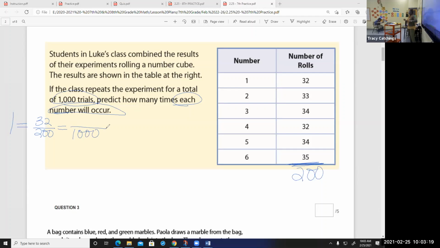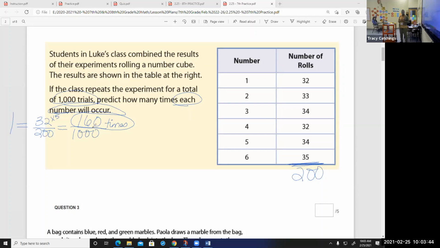Somebody divide out 1,000 by 200. All right, 5. All right, multiply 5 by 32. 160. So that means in 1,000 trials, we will get 160 times.